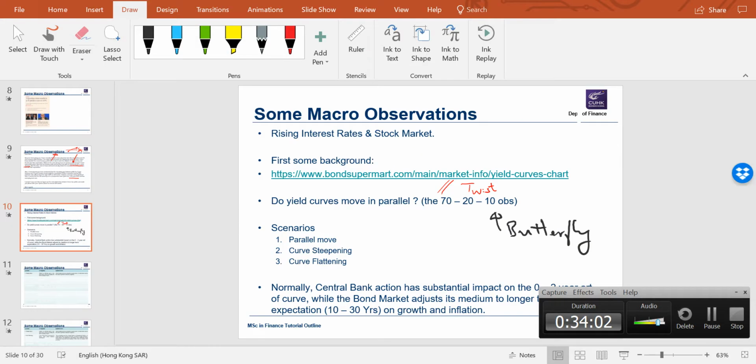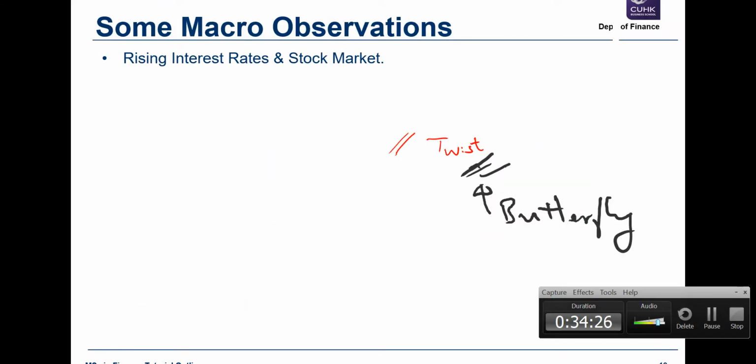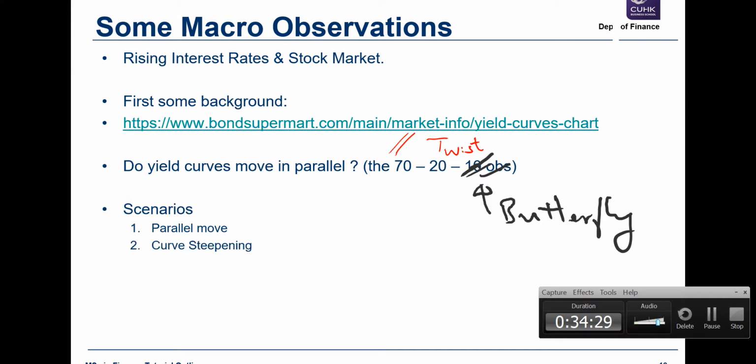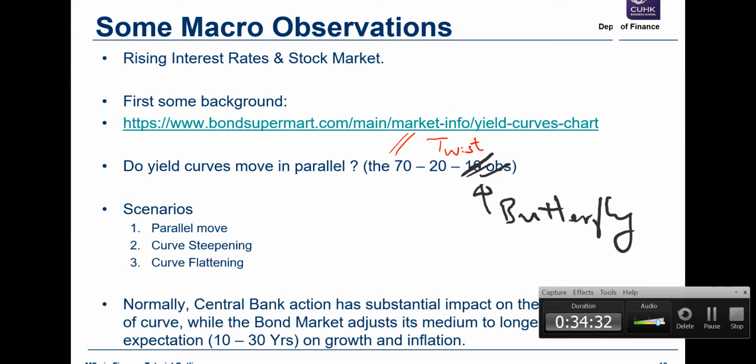Now, this is what you find. When the 2-year and the 10-year gap is narrowing, never mind the last type, that basically means the curve is flattening. Now I want to go one step further. Scenario 1, parallel move, around 70% of the time, plus or minus 5%, doesn't matter.